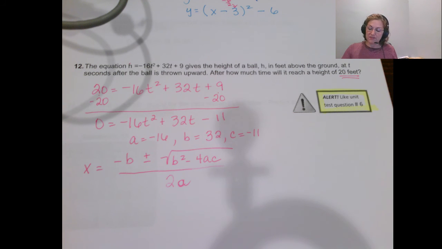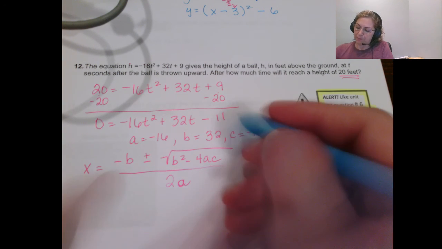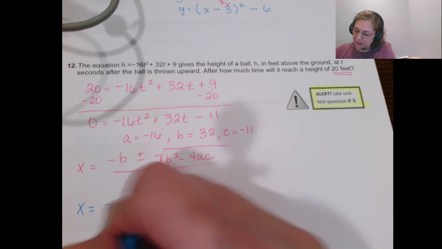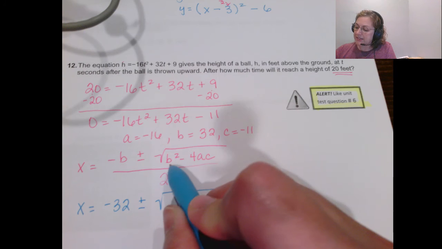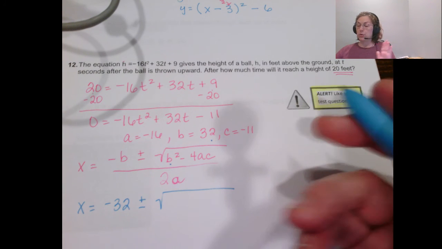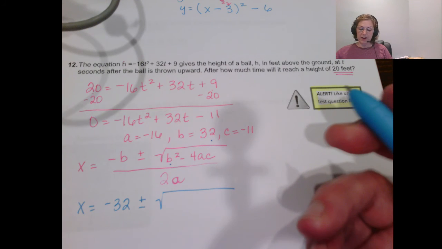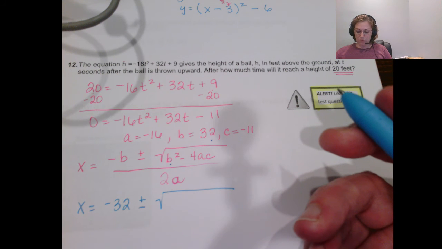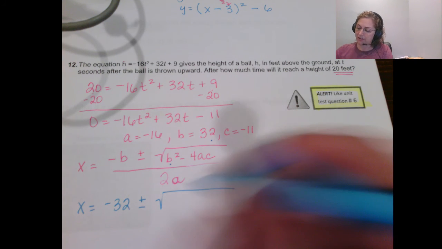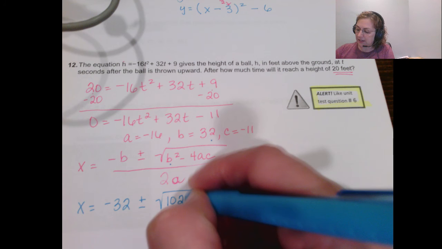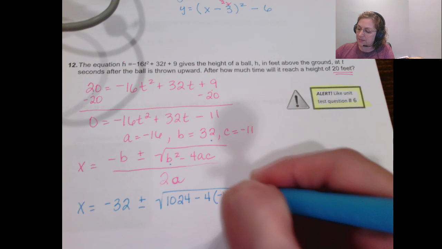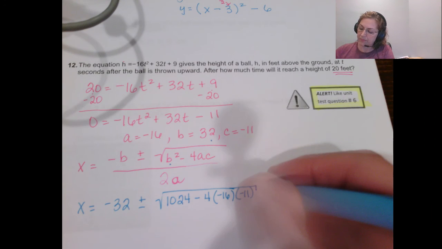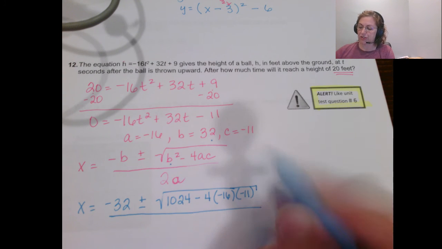So let's plug in these values. We've got negative b, so we've got negative 32. Then we've got b squared, so 32 squared, I don't know that one off the top of my head, so I'm whipping out my handy dandy calculator to do that heavy lifting, minus 4 times a times c, all over 2 times a.